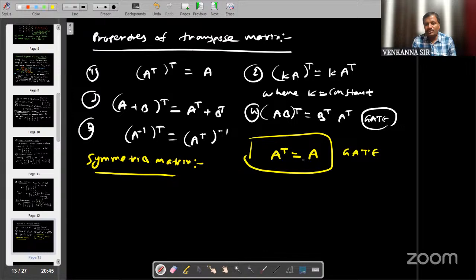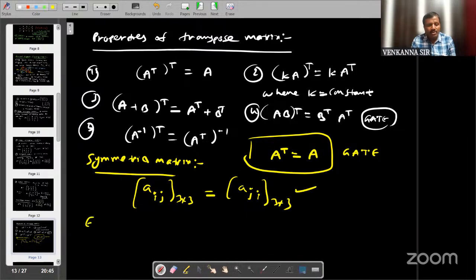After interchanging the rows and columns, if the matrix remains the same, then it is called the symmetric matrix. For a symmetric matrix of order 3 by 3, Aij is equal to Aji. If Aij and Aji are both equal, then it is called the symmetric matrix. Remember this condition also.